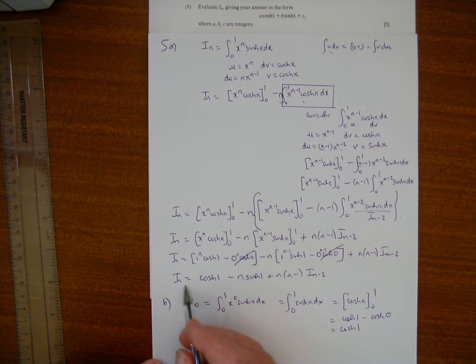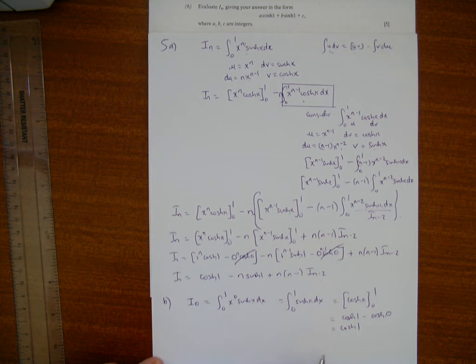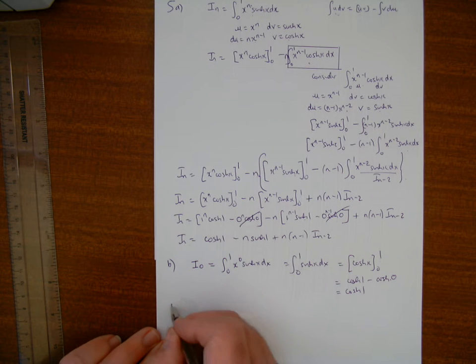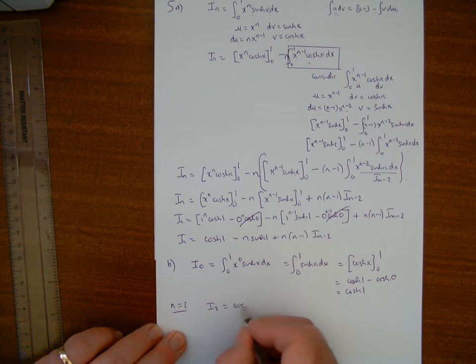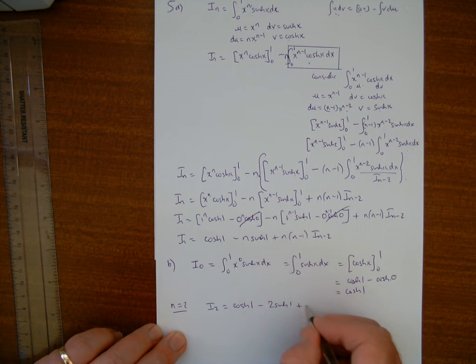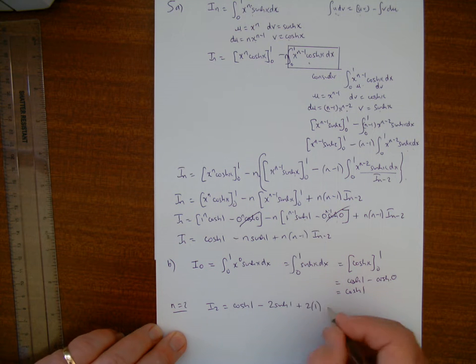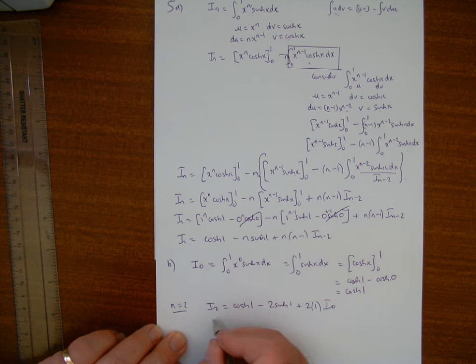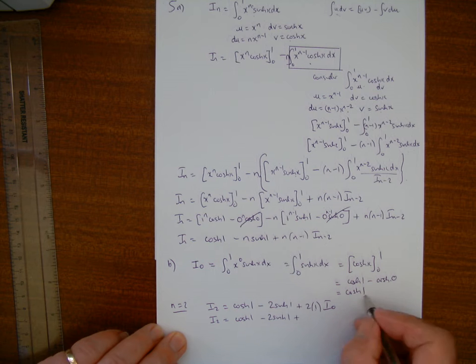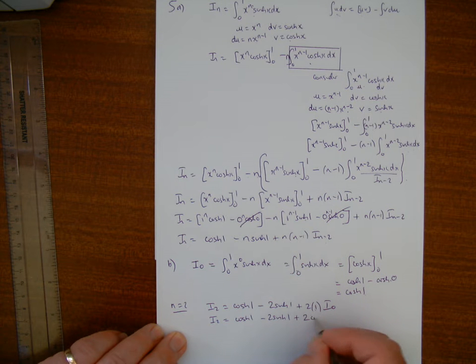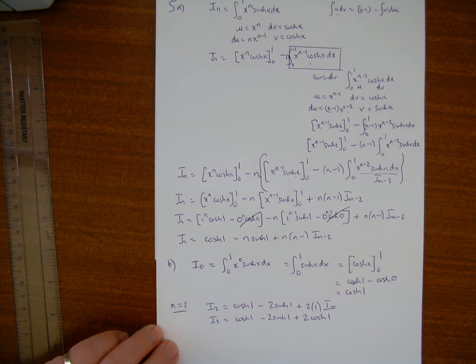So now use the reduction formula, put n equal to 2 in the reduction formula. N equal to 2, and I've got I_2 is cosh of 1 minus 2 sinh of 1 plus 2 times 2 minus 1, which is 1, I_0. So I_2 is cosh 1 minus 2 sinh of 1 plus 2 I_0, which is cosh 1. So that's I_2.